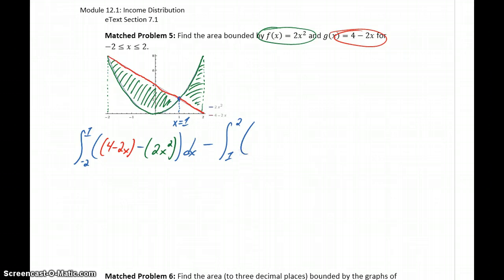So now our functions switch. F of x is taking on the larger function values, so we'll have 2x squared minus 4 minus 2x dx.